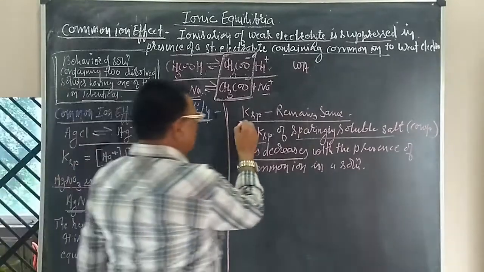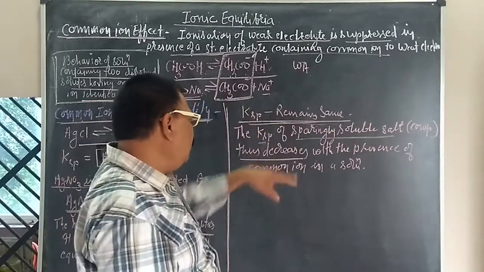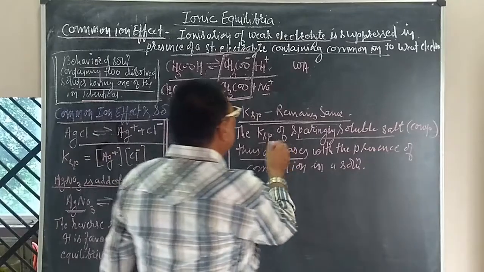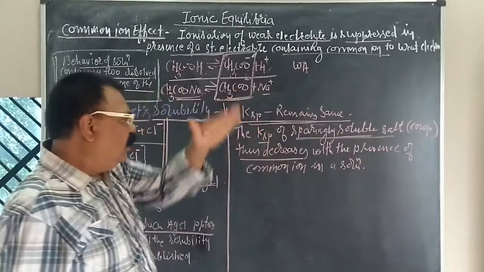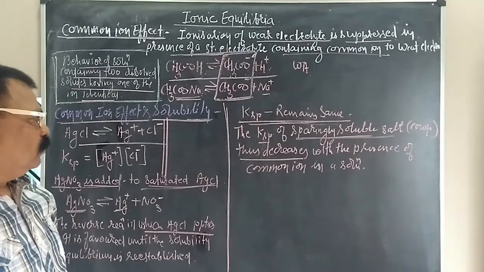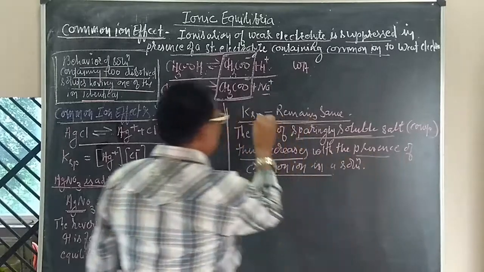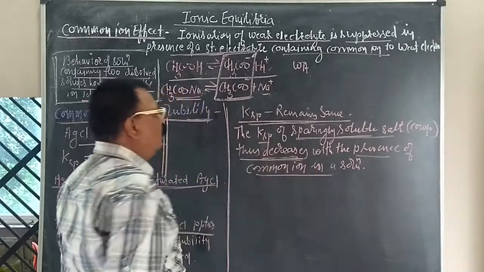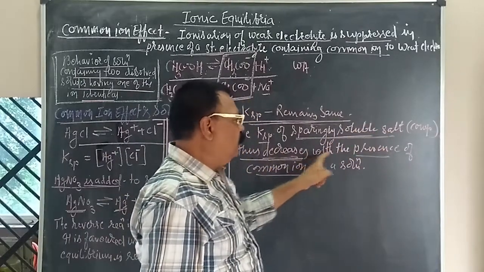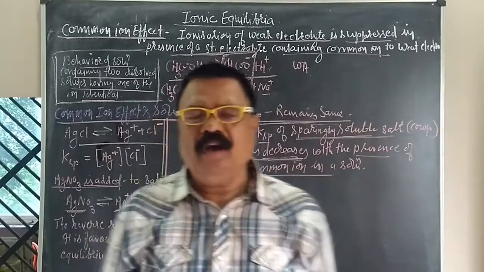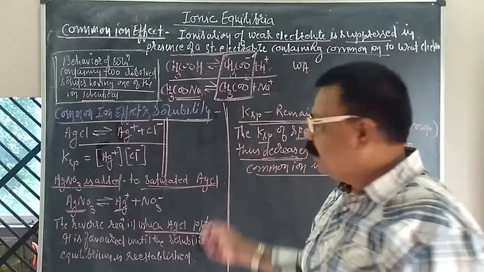As the solubility product remains the same, the solubility of the sparingly soluble salt decreases with the presence of the common ion. देखिए solubility क्या होती है, कम होती है. The solubility of the sparingly soluble salt thus decreases with the presence of the common ion. Correct? समझ में आ रही है कंसेप्ट?